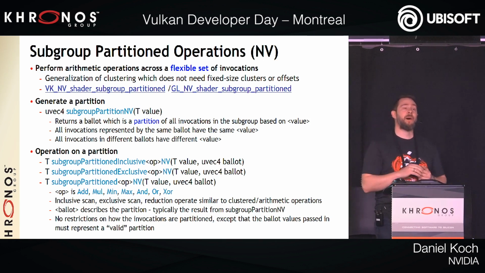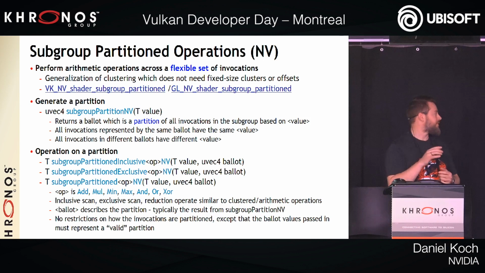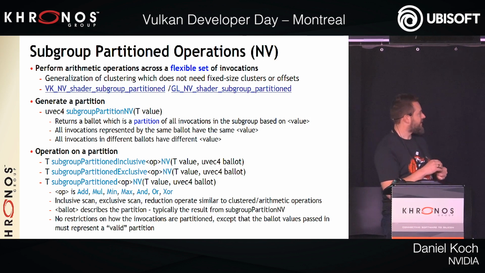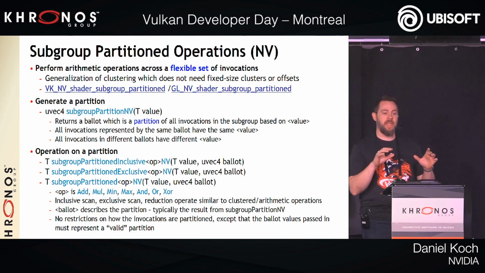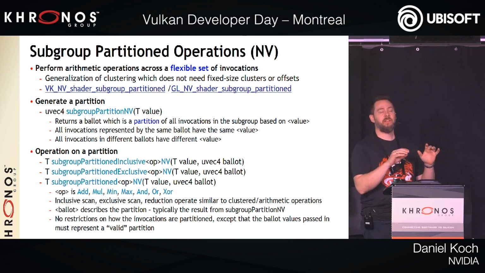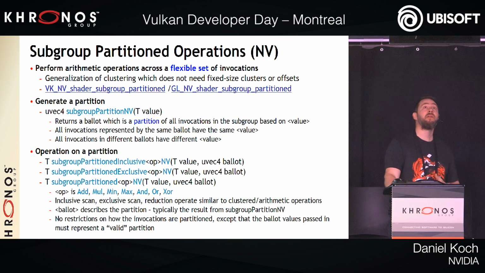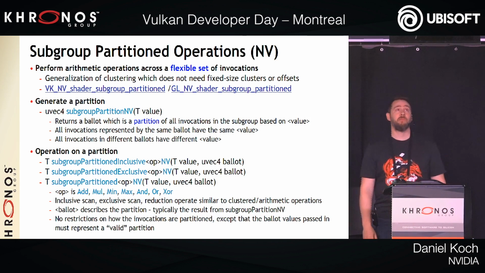So if you have a subgroup of size 8 and 6 of the threads have the same value, you'll end up with a ballot that has the 6 bits set. And if you get a different value, then you get a unique ballot for each set of threads that have the same value. Then you can do operations on the partition, similar to the clustered and arithmetic instructions.